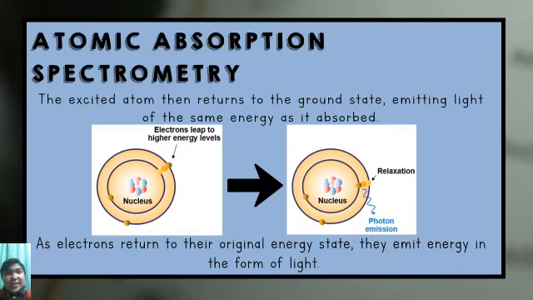It means that as electrons return from the excited state back to the ground state, they will emit energy in the form of light.